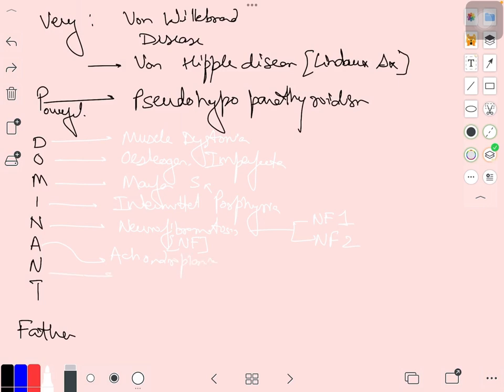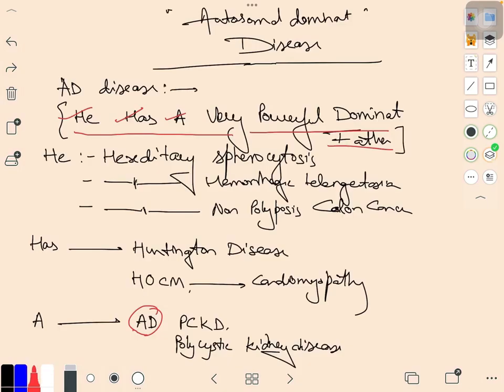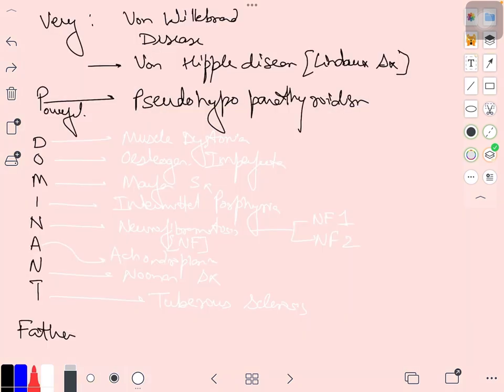Then we have N. N is for Noonan syndrome. And lastly, for T, it is tuberous sclerosis. So we are done with he has a very powerful dominant, and last is father.